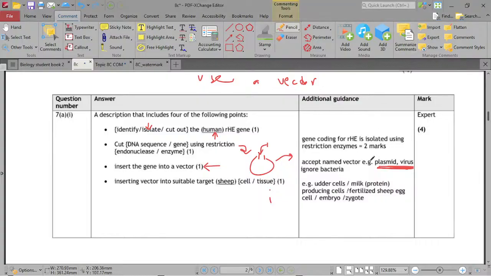I'm dumb. The plasmid is the vector. So inserting the gene into the vector, which is plasmids, using the DNA ligase, and inserting the vector into the suitable target sheep. They don't really care how you insert it, how this vector, this plasmid, is inserted into the sheep cells. But it does care that you mentioned that it is into the cell, not just into the sheep.